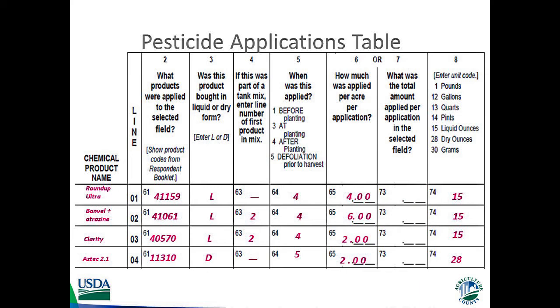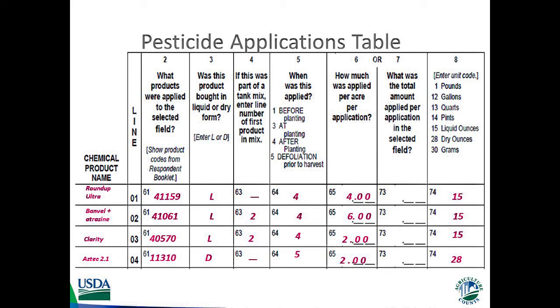On this slide, we can see some examples of how one might record multiple lines on this table. On line 1, there's a single application of Roundup Ultra at a rate of 4 liquid ounces per acre applied after planting. Lines 2 and 3 show a tank mix, and line 4 shows a standalone application of Aztec 2.1.